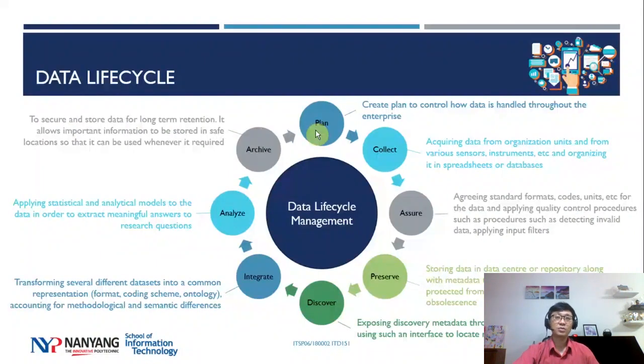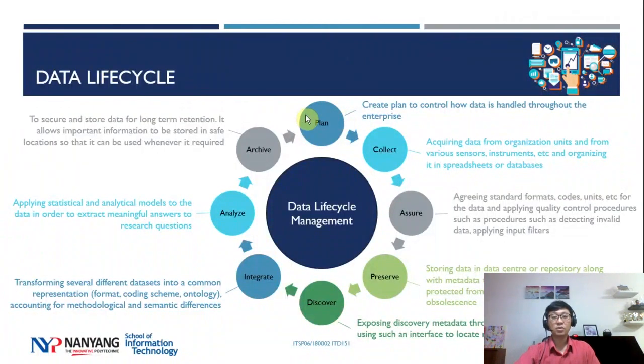We need to plan how we're going to control the data, once you've got the data, what you're going to do with it, where you're going to start from, how you're going to handle it, and where you are getting this data from. Are you getting the data from the internet, or from the users themselves, or from the various departments like sales, marketing, and so on? So that is the planning part.